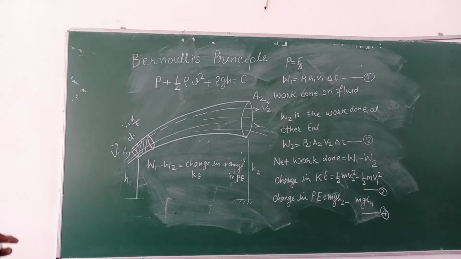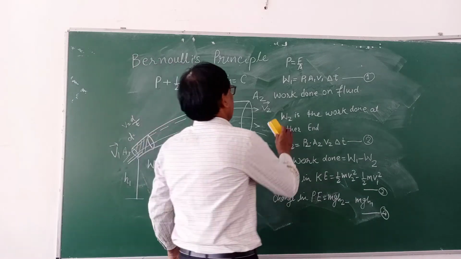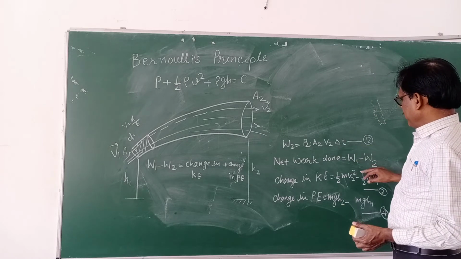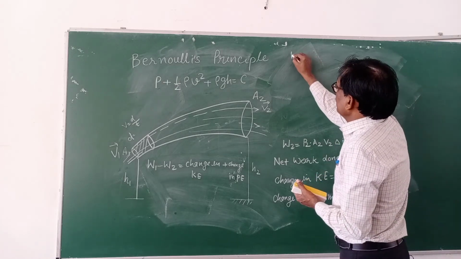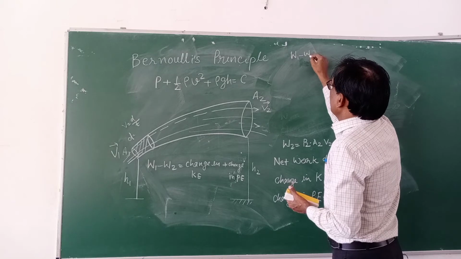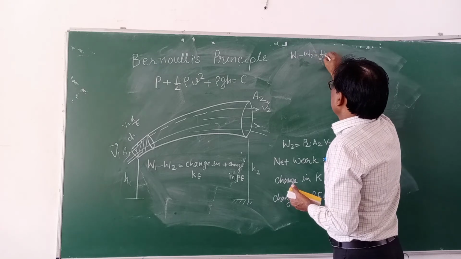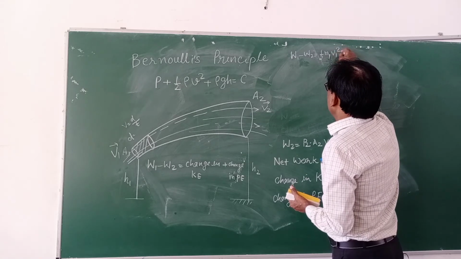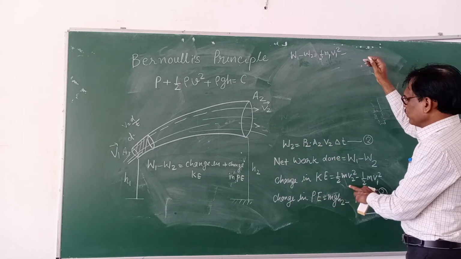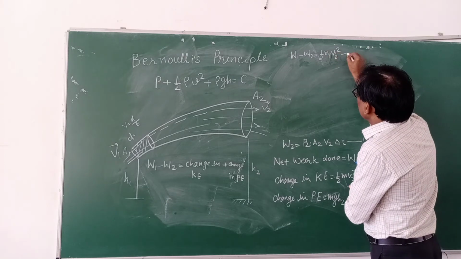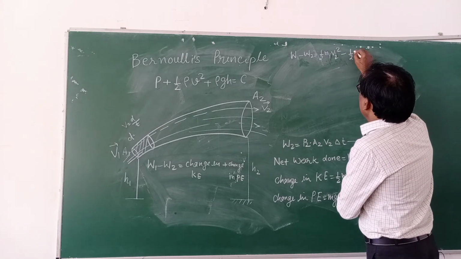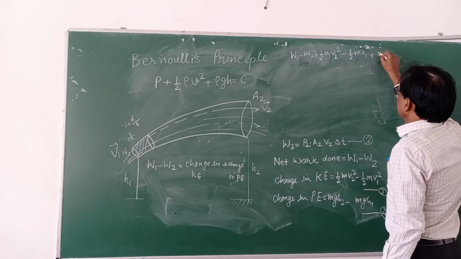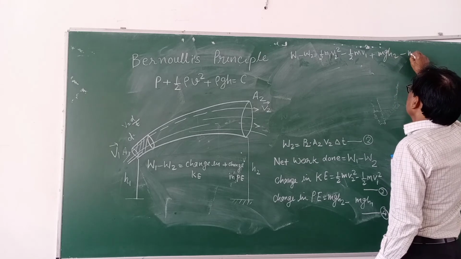So put the value of all these equations 1 to 3 here. We will get the net work done W1 minus W2 equal to 1 upon 2 m v2 square minus m v1 square, plus mgh2 minus mgh1.